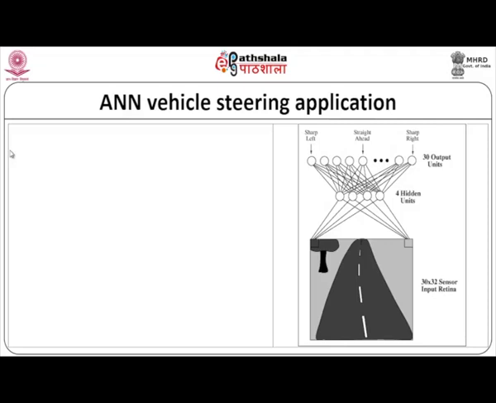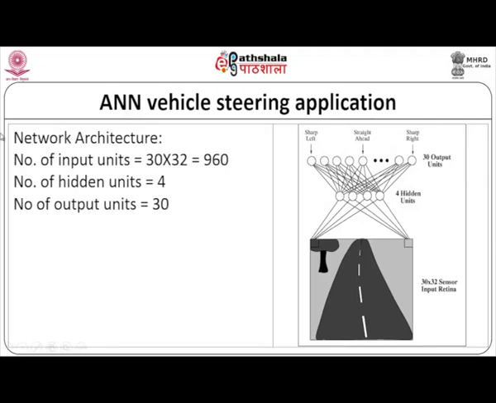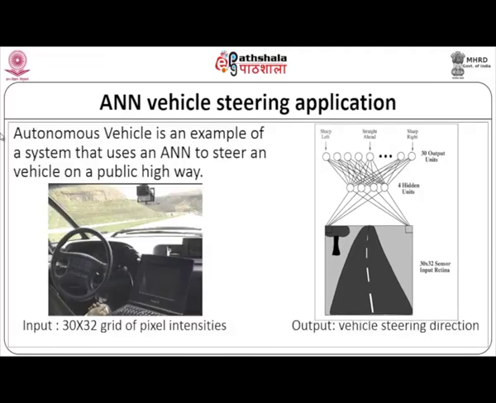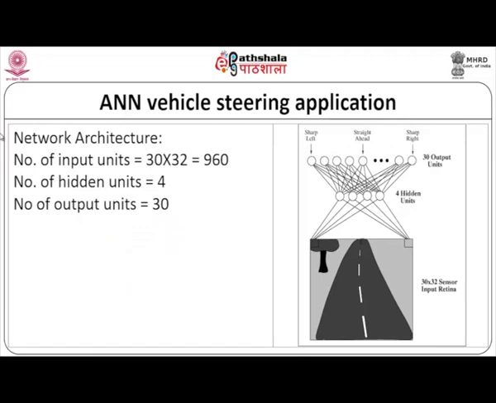This is an example. The network architecture consists of input units, the number of which is the number of pixels that you use to represent the grid of intensities. There is 1 hidden layer with 4 hidden units, and the number of output units used is 30.